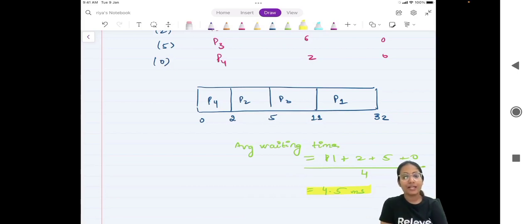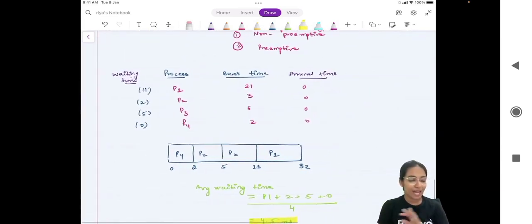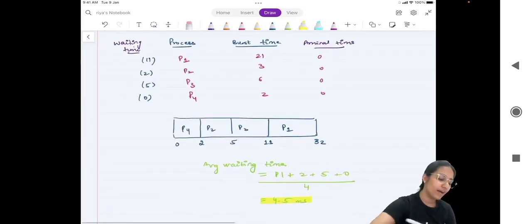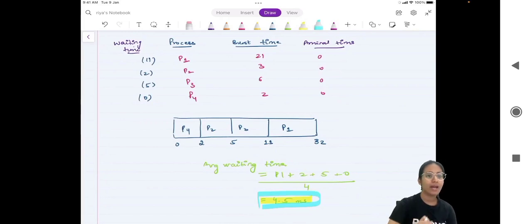Correct? Starting from 18.5 milliseconds, we have considerably reduced it to 4.5. And like I was saying, that's the very reason we don't prefer first come first serve a lot. Although first come first serve is very easy to understand, you can very clearly see here that it is not at all optimized. Using shortest job first, we can take the waiting time down to 4.5. Okay, and I hope this is clear to everyone.